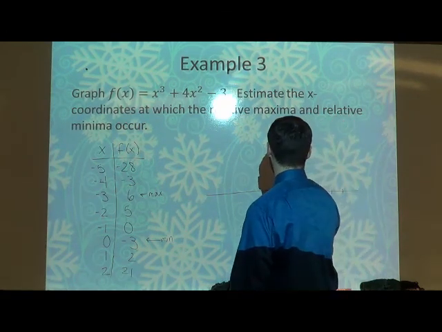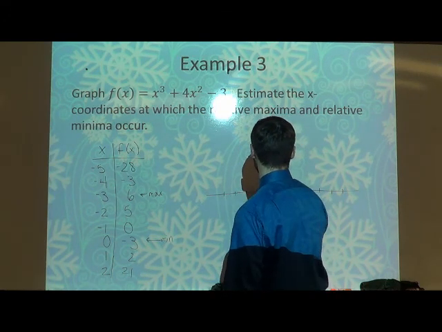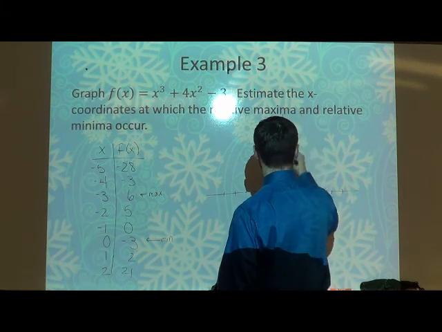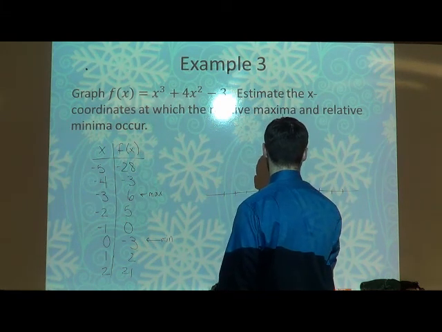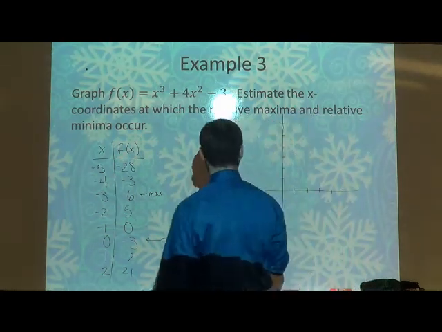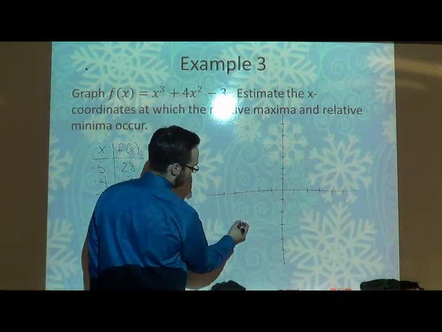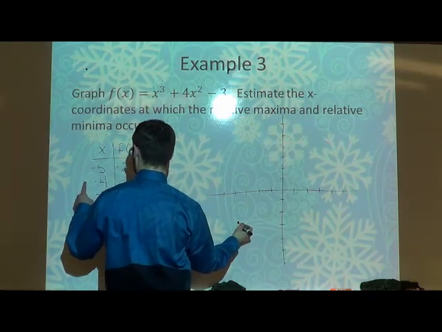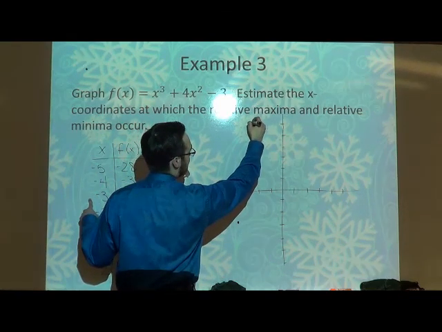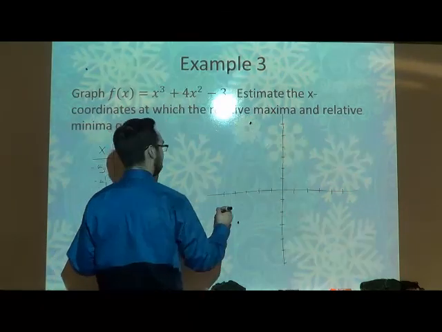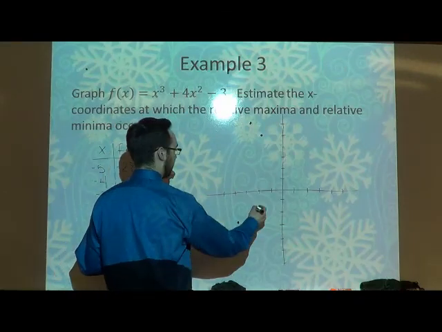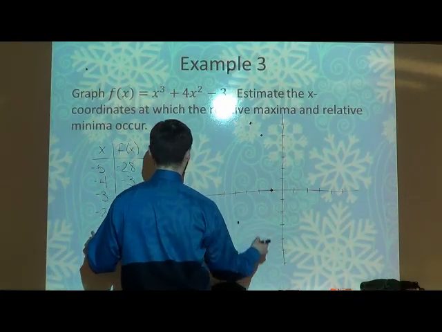So if I were to sketch these values, I'm not going to go all the way down to -28. When we get -4, -3, so we have a point here. Then we go to -3, 6, so I'm all the way up here. Then we have -2, 5, so we come down 1. -1, 0, so we're continuing to come down.